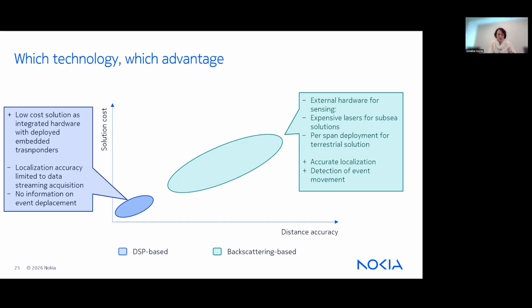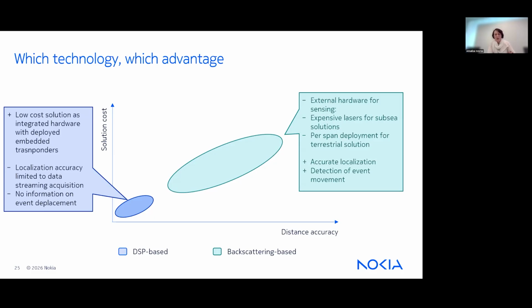But on the counterpart, it is not possible to provide an accurate event localization. But I just want to give you a small spoiler: at the next OFC in March, our Bell Labs laboratories will present a study where they show how precise and accurate the localization will be with this technology.